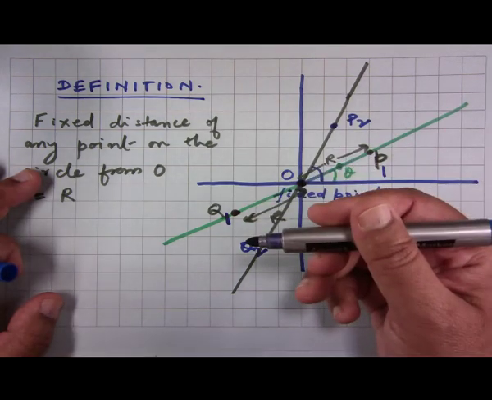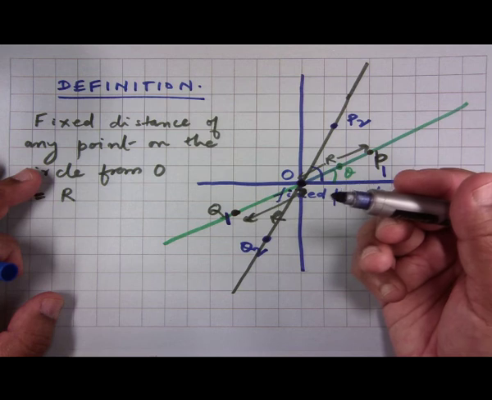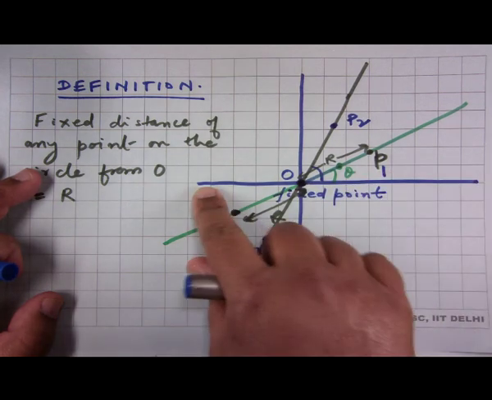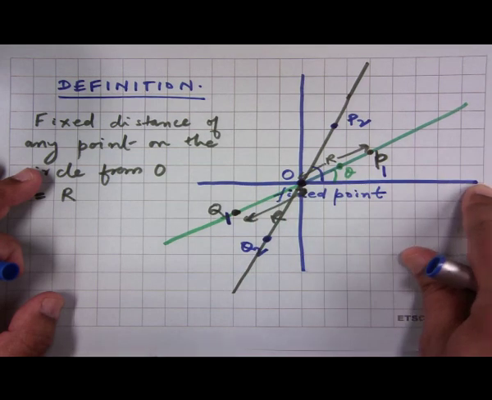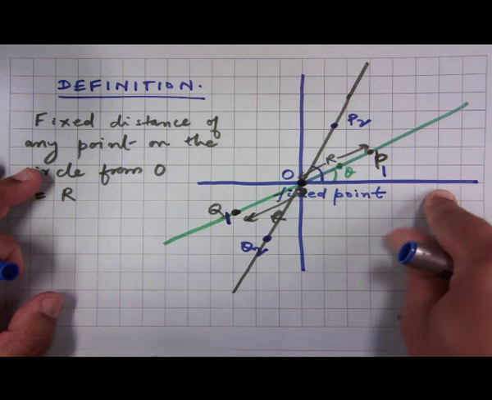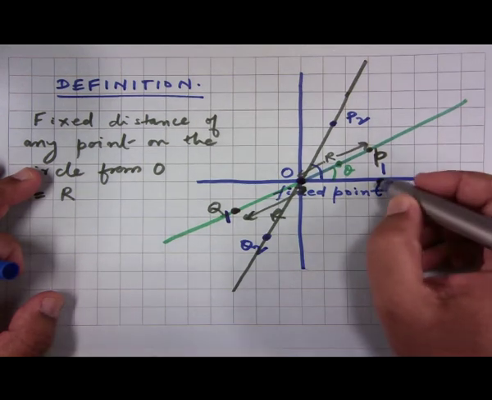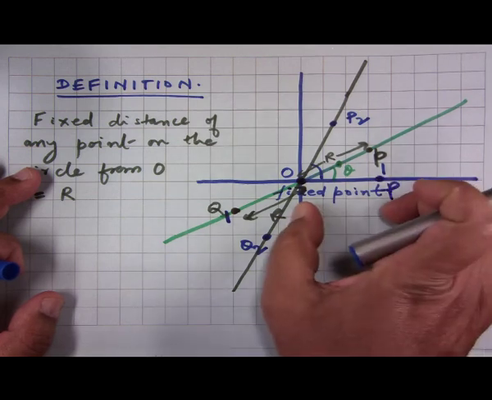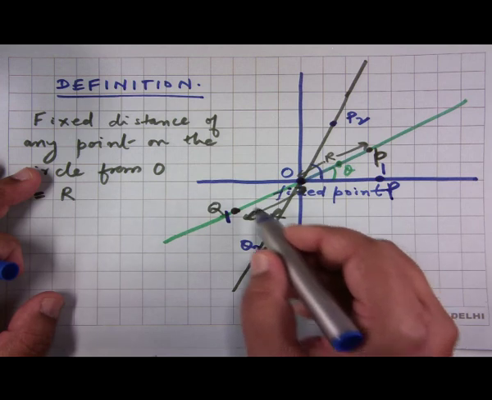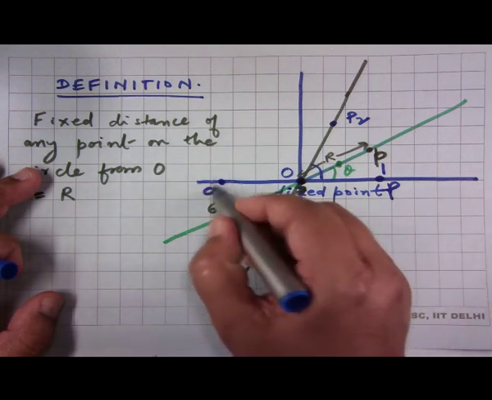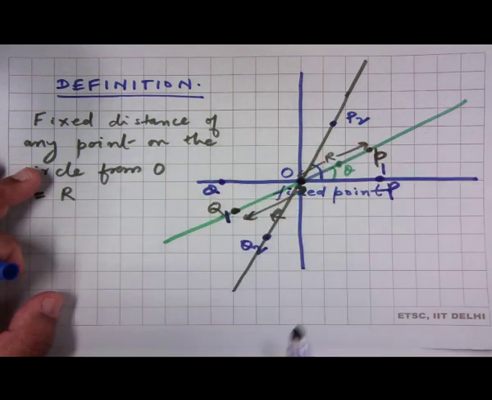For example, if we take theta equal to 0 degrees, then we have this horizontal line itself, and on the horizontal line, let us say we have this point P such that OP is equal to r, and this point Q such that OQ is also r.